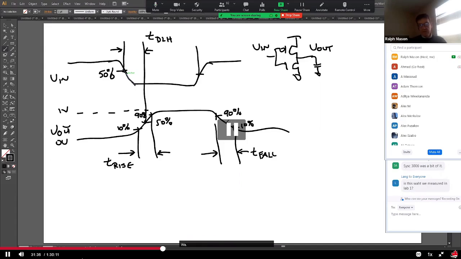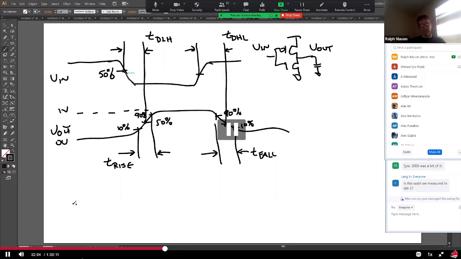Similarly, we have the 50% from the input to the 50% output when the output's going low, and we'll call that T delay high to low. Did you guys learn this before? These are the common waveform parameters: rise time, fall time, and the delays, high and low.